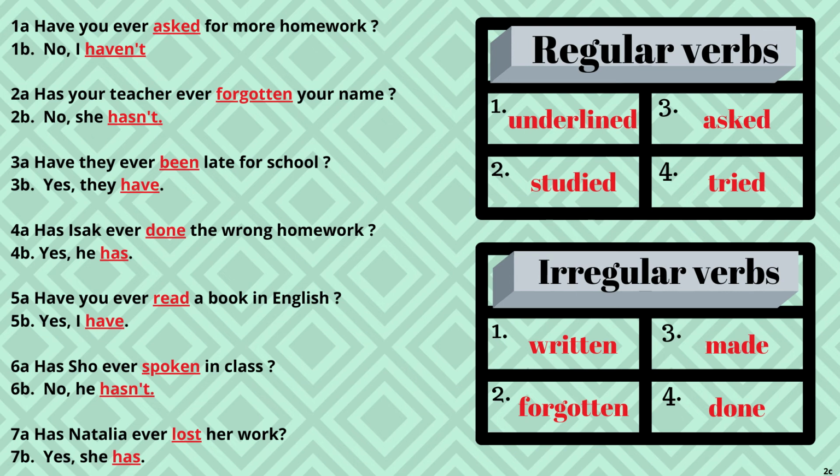Number 6, has Sho ever spoken in class? Answer, no, he hasn't. Number 7, has Natalia ever lost her work? Answer, yes, she has. All right, guys, that was 2 great practices we've had.